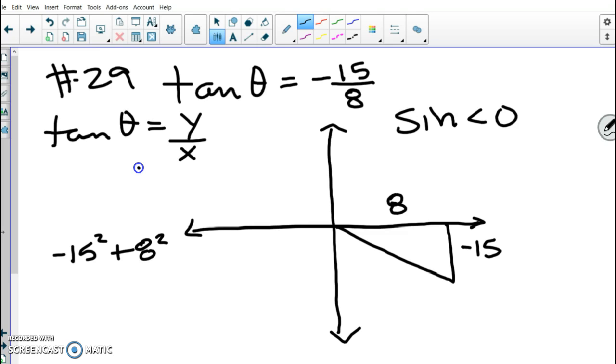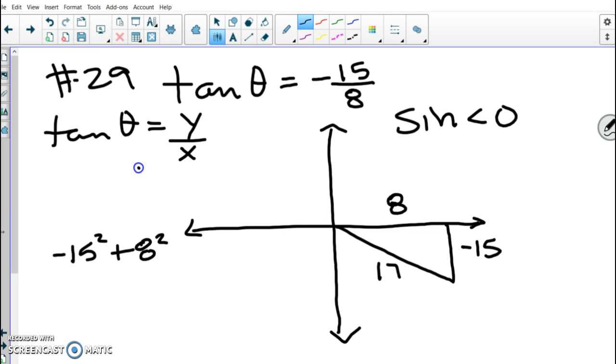We take the square root of that, and we should have a 17. So we can see that the hypotenuse is 17.